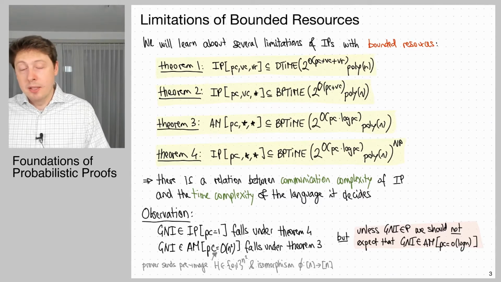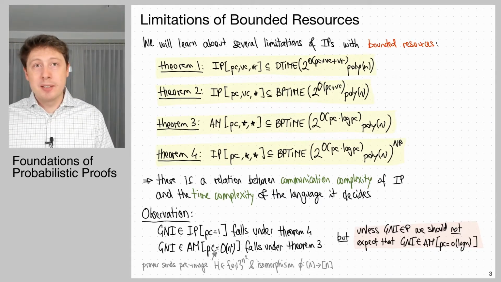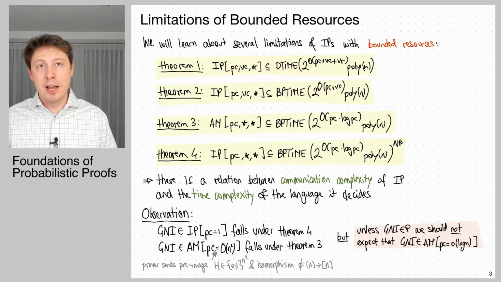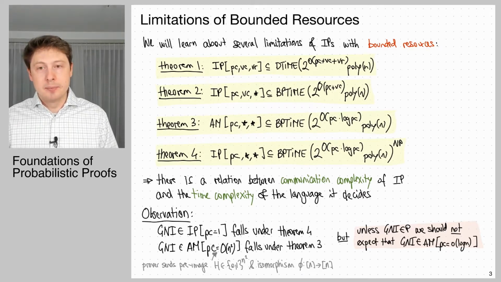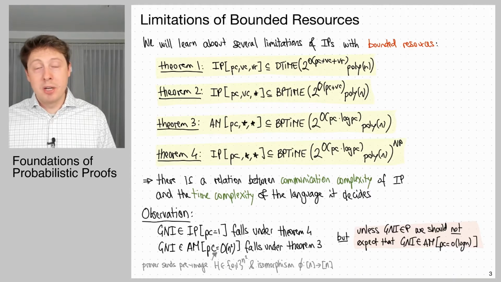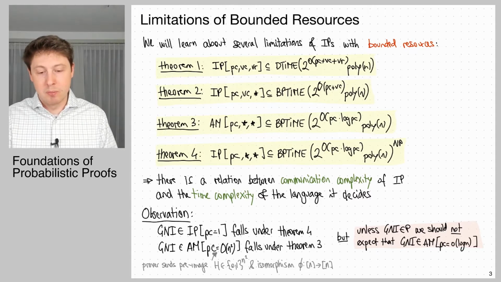Now, in the prior slide, we also asked another question. Could we expect something non-trivial for SAT? Could we, for example, have an NP proof for SAT where the communication complexity is sublinear? Let's first consider what happens if we would find a public coin interactive proof with sublinear communication complexity.